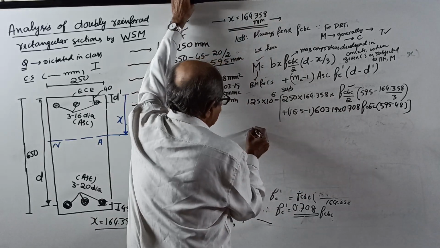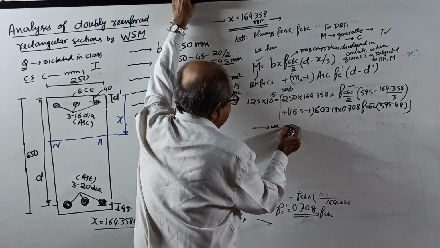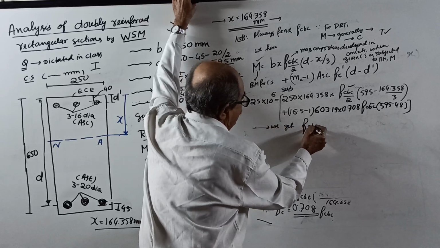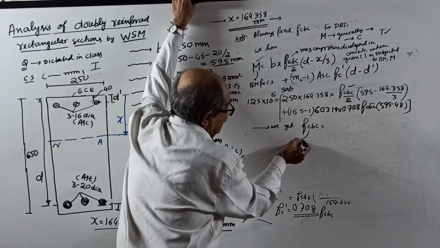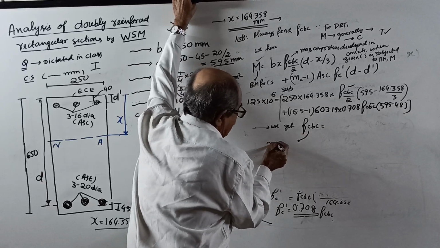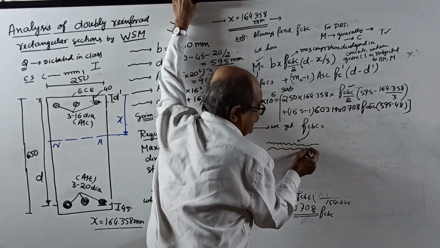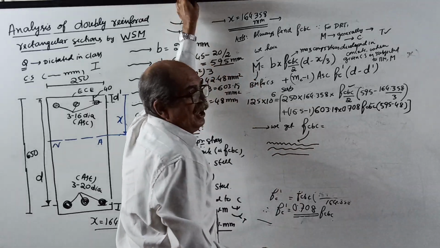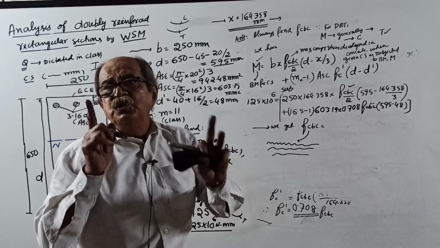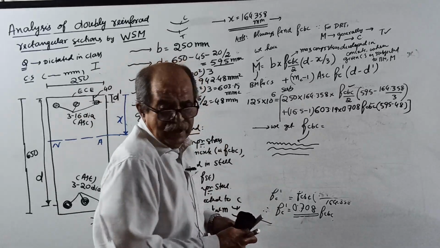So therefore, solving, we get FCBC. Those who want to know, that is the maximum compressive stress developed in concrete when the given cross section is subjected to a bending moment of 125 kilonewton meter. Oh, I have to calculate.